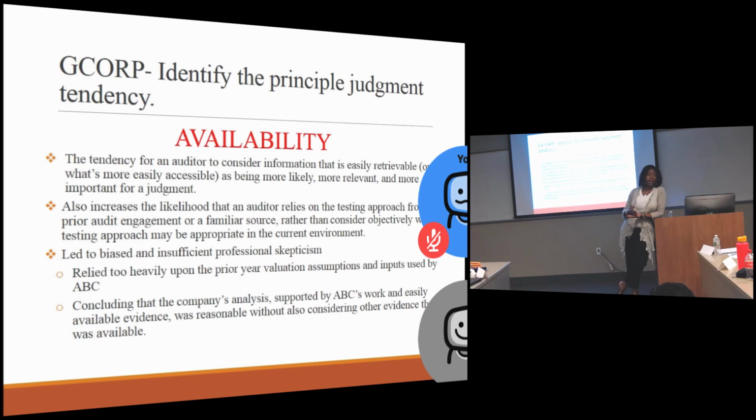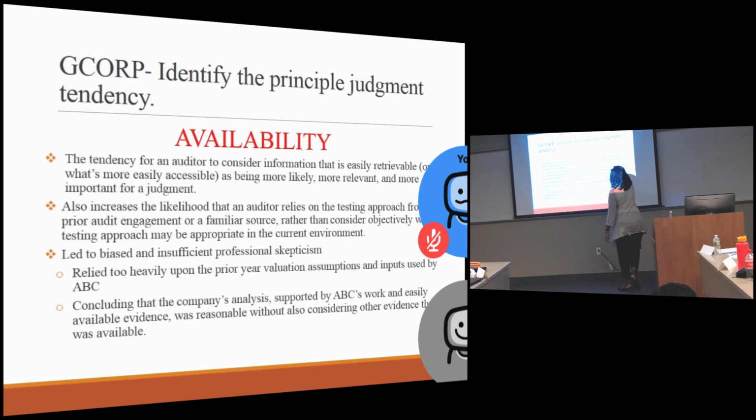You're still responsible for obtaining reasonable assurance about the amounts that are presented. So it's not enough to just look at the assumptions and say, oh, they're reasonable. Okay, that's step one. But are they inclusive? Should the assumptions have been different? Should they have considered additional factors and inputs?